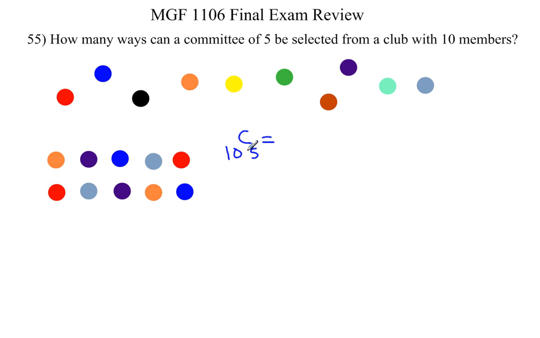By the definition of combinations, we know this is 10 factorial over 5 factorial times 10 minus 5 factorial.